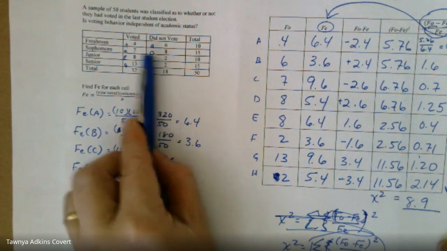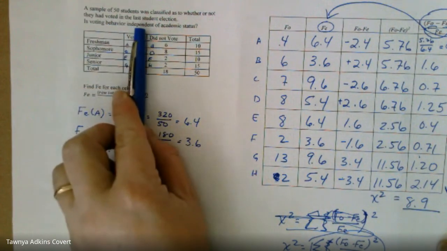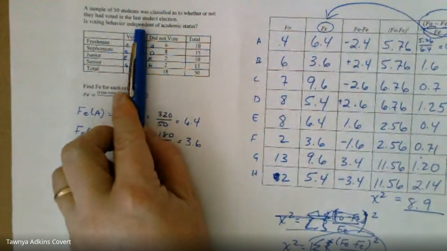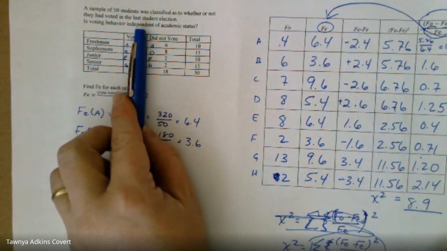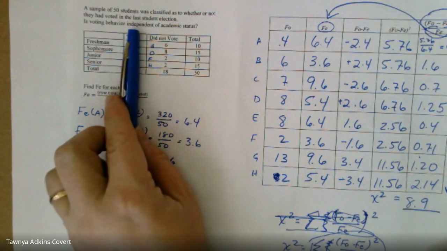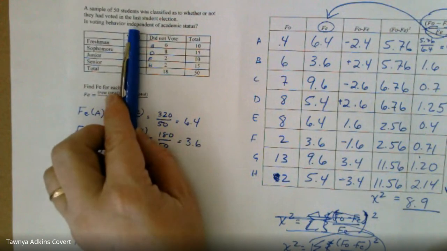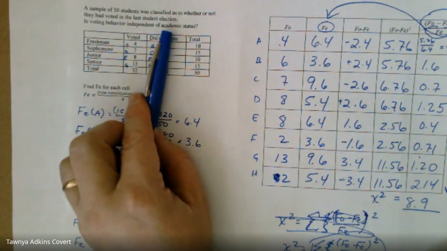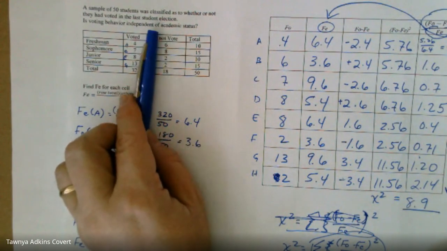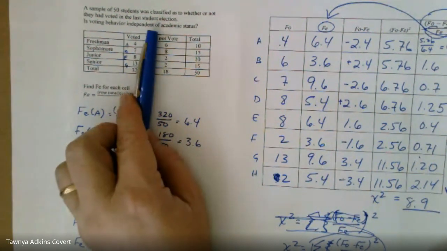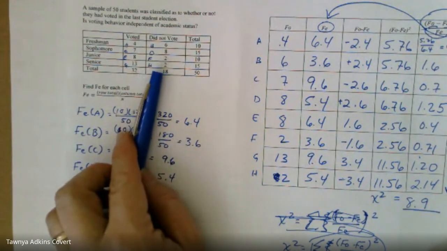So when we ask the question, is voting behavior independent of academic status? That would be our null hypothesis: they're not associated, they're independent of each other. If we were running through this process, we would reject our null and say that voting behavior is dependent on academic status, or that there is an association between voting behavior and academic status based on the data that we collected.